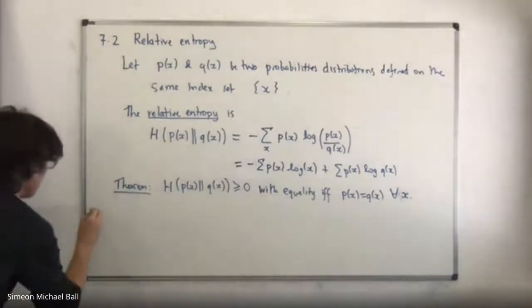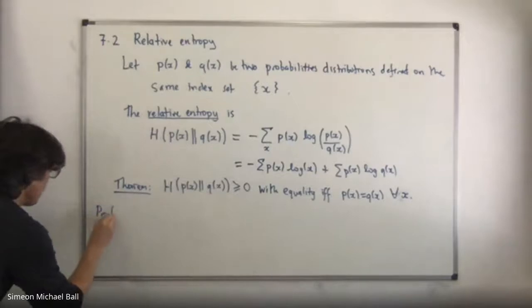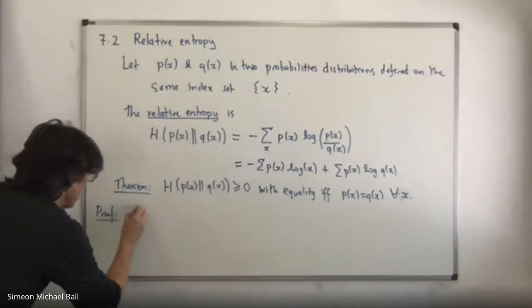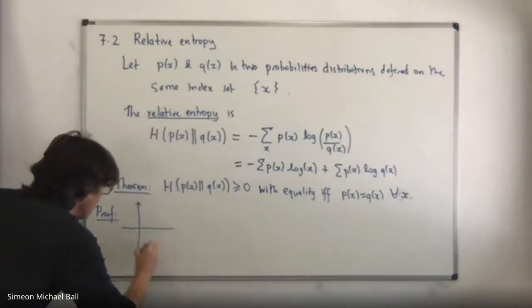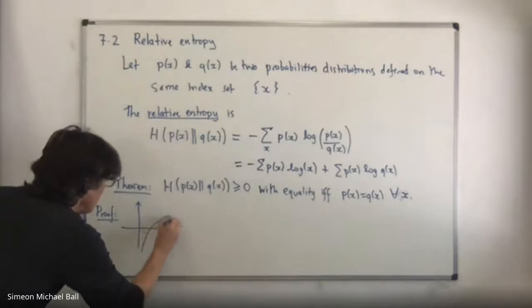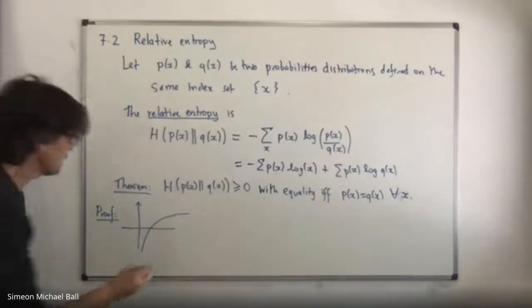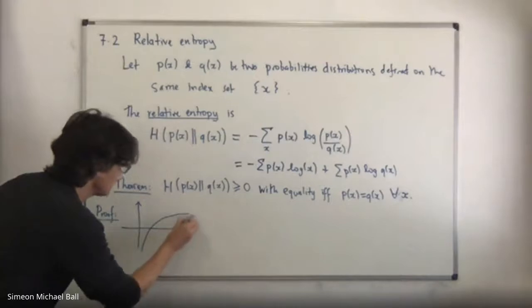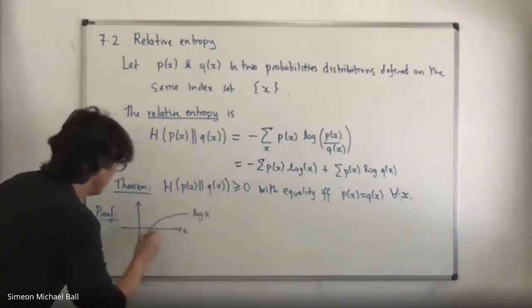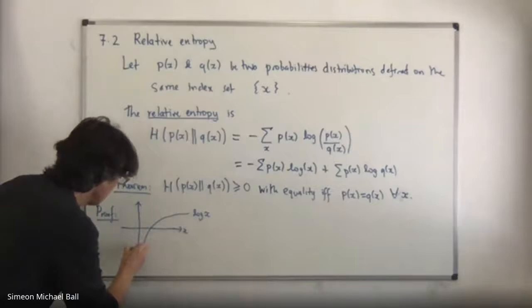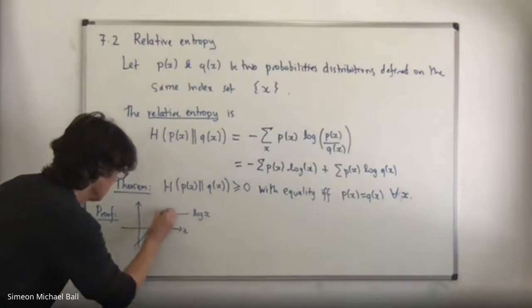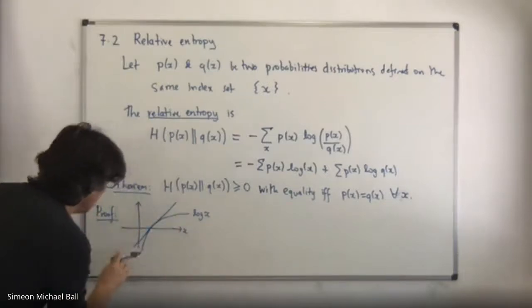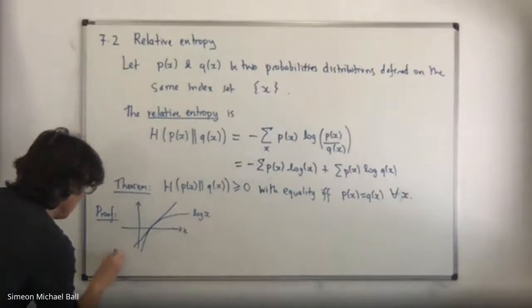A lot of these proofs at the beginning of entropy are based on the following very, very simple fact. If you draw a curve, well, that's meant to be log x. So here we have x, log x. Then the tangent at that point there is the line y is equal to x minus 1.